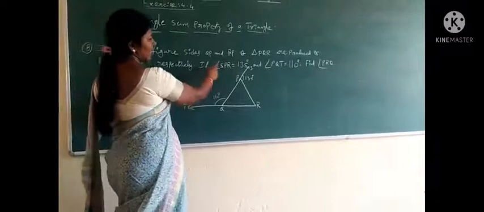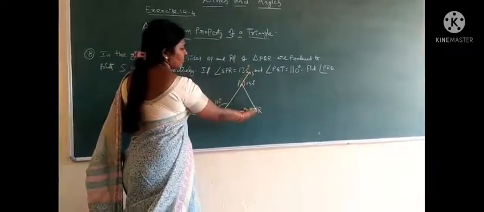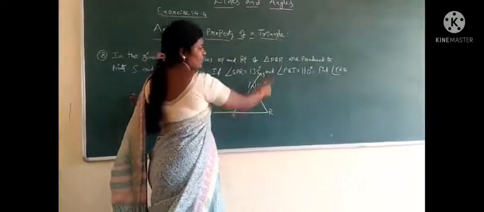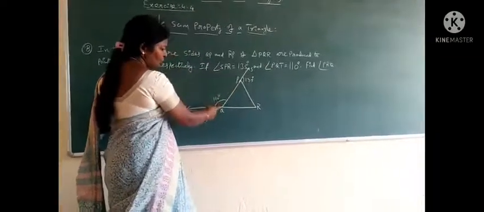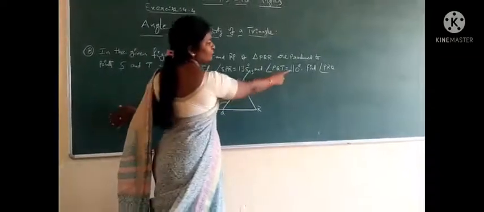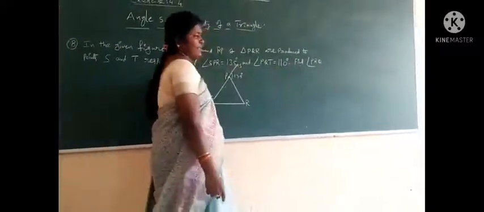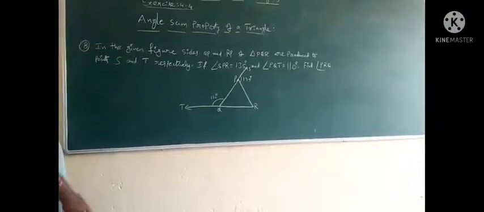If angle SPR is equal to 135 degrees and angle PQT is equal to 110 degrees, find angle PRQ.